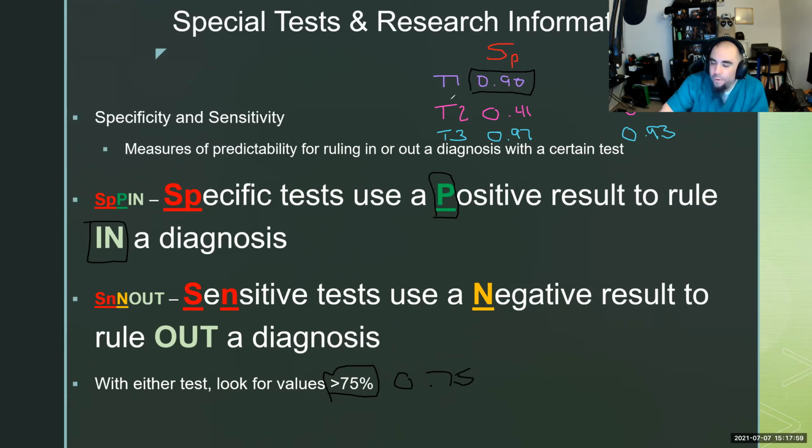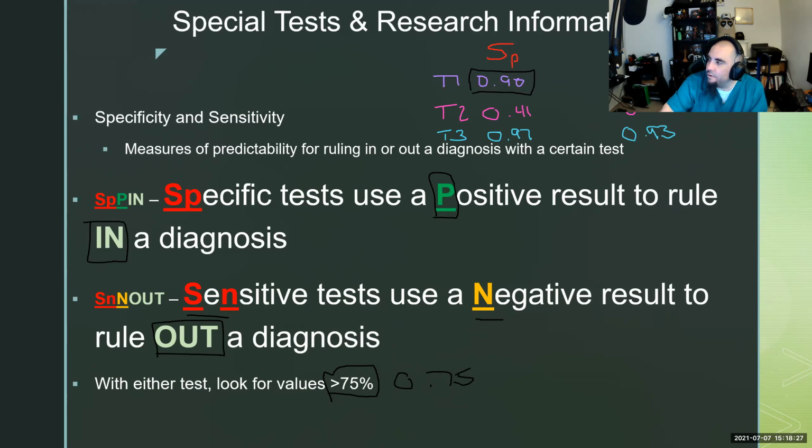Now, with test 1 here, the sensitivity is very low. For sensitivity, if you have a sensitive test that has a negative result, it helps you rule out a diagnosis. But again, only if that specificity or sensitivity is above 0.75.